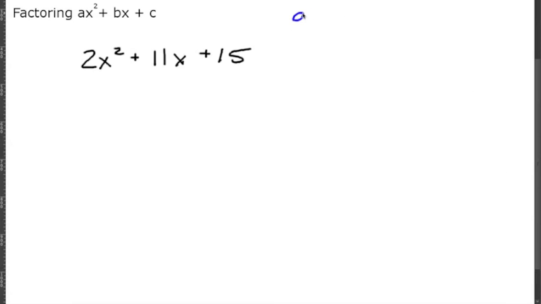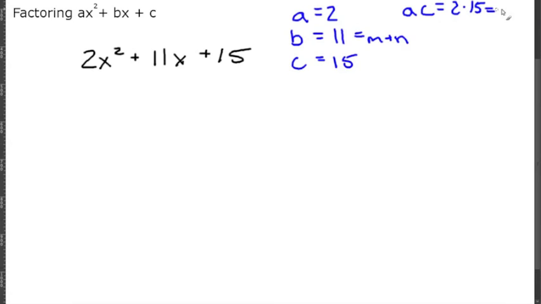We know that our a term is 2, our b term is 11, and our c term is 15. b equals some m plus n, and a times c, which is 2 times 15, which is 30, is going to be equal to some m times n.